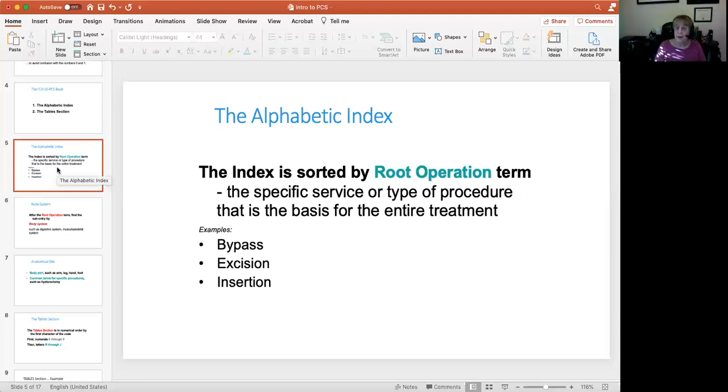Let's look in the PCS book and see what PCS says. The word removal is taking out or off a device from a body part. So a device was taken out? Yes, ma'am, the double J stent.